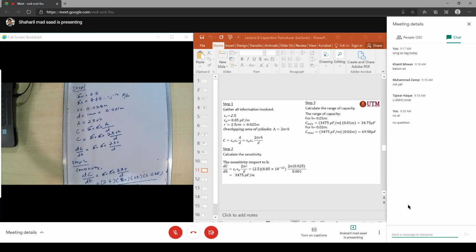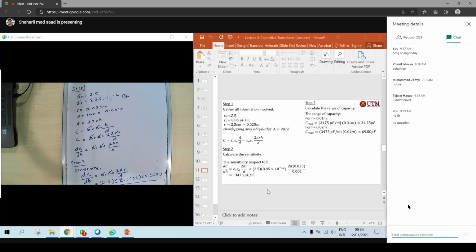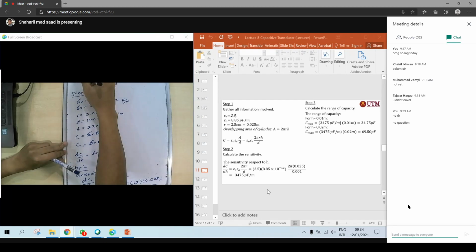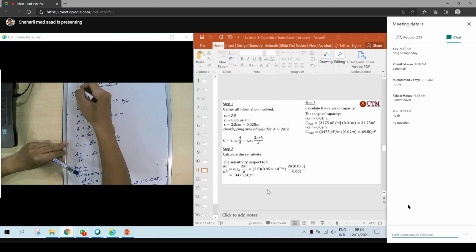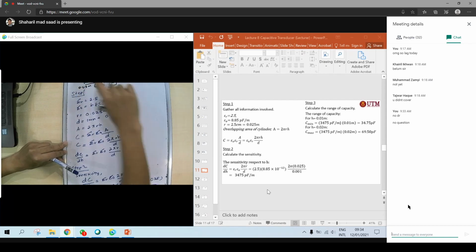Steve. Okay. Now, after that, the question asks, what is the value for H that moves from 0.01 meter, right? And then what is the value that moves from 0.02 meter, right? What is the value? So for 0.01 meter, you just multiply by this one and you can get the capacitance.